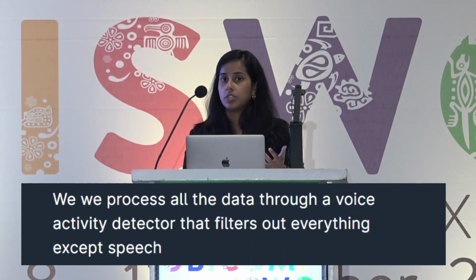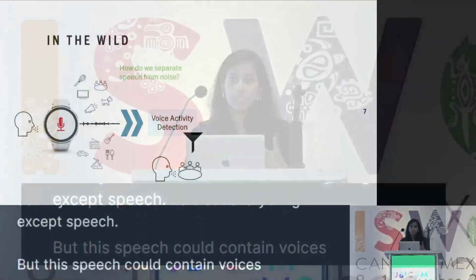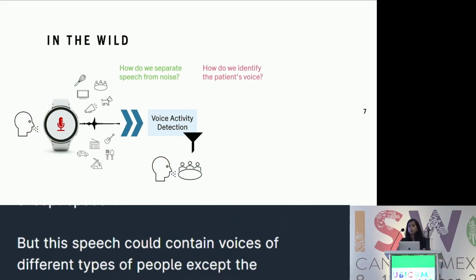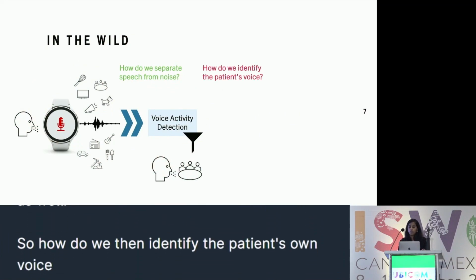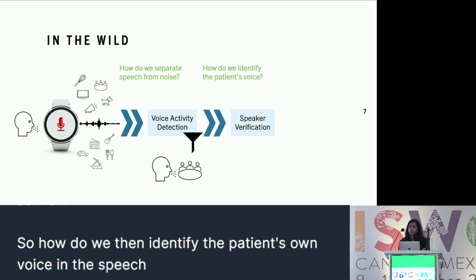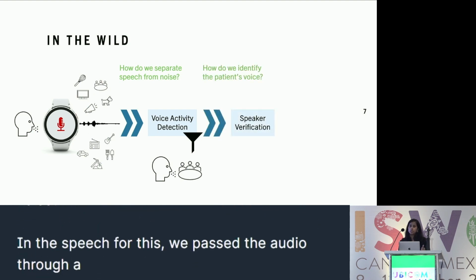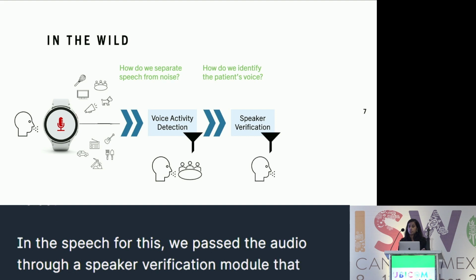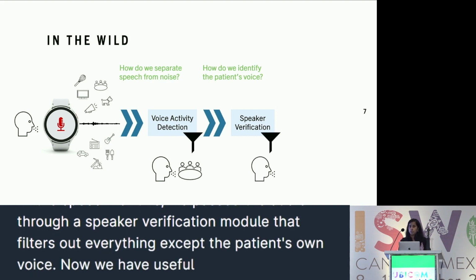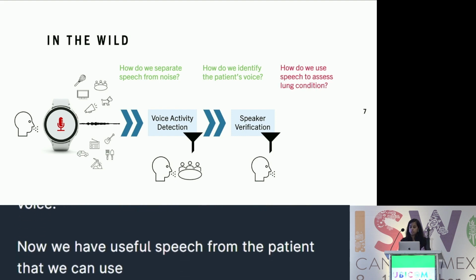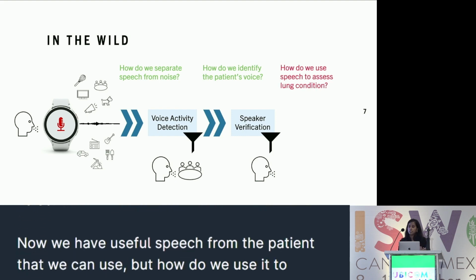But this speech could contain voices of different types of people except the patient as well. So how do we then identify the patient's own voice in this speech? For this, we pass the audio through a speaker verification model that filters out everything except the patient's own voice. Now we have useful speech from the patient that we can use, but how do we use it to assess their lung condition?